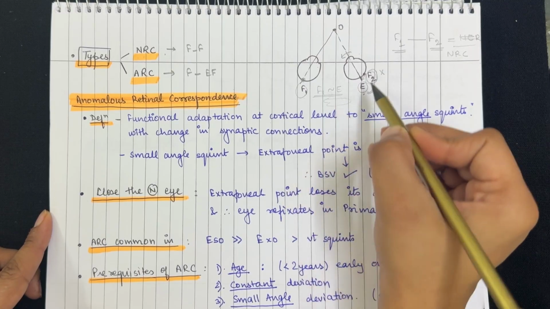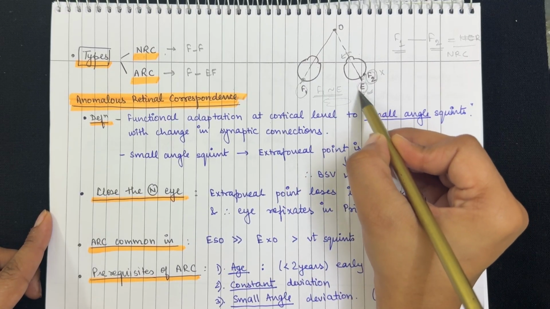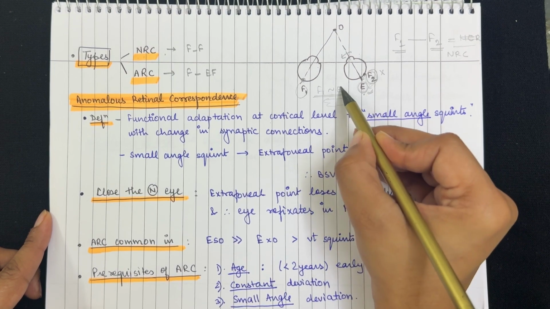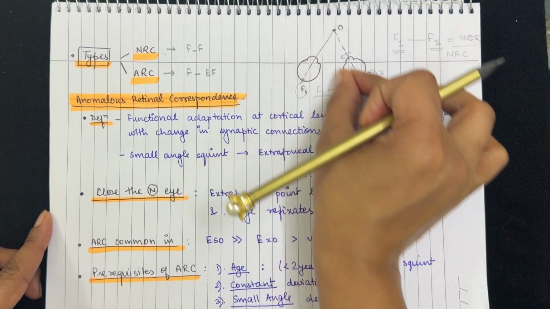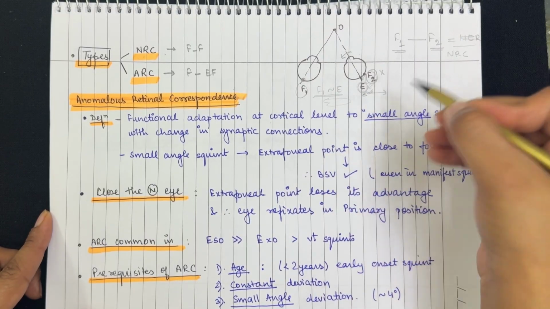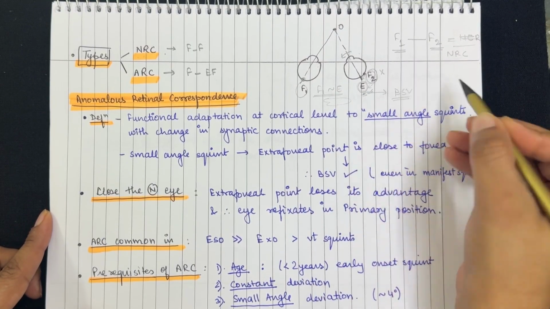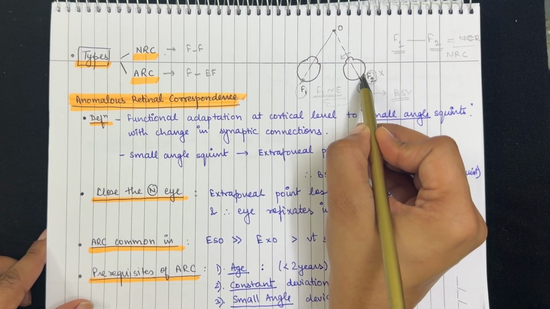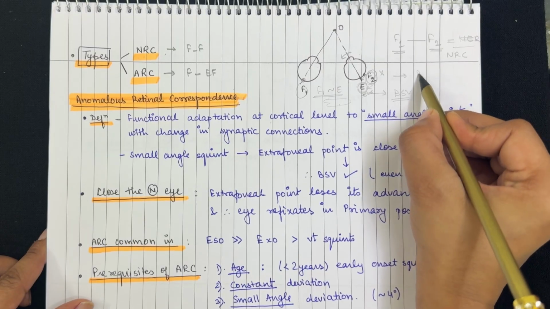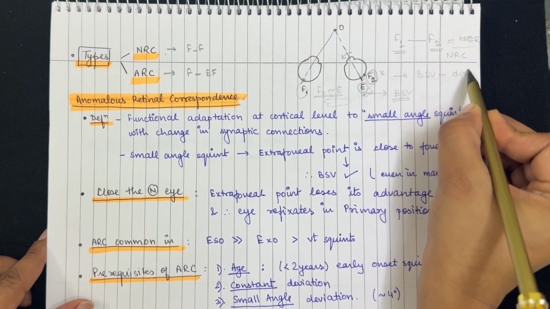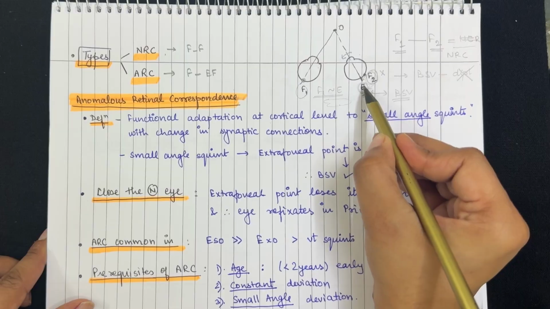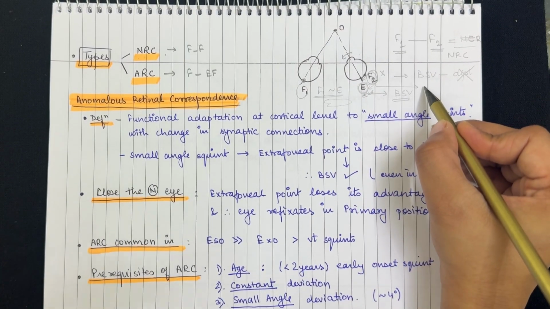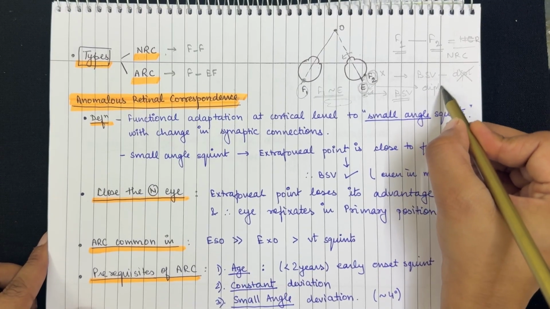So what will the brain do? The brain will make this extrafoveal point equivalent to F2. So whenever the image falls on this point also, binocular single vision is maintained. Normally, if the image falls on F1 and F2, there should be binocular single vision and no diplopia. But if the image falls on E instead of F2, these are two disparate points, so diplopia will happen.